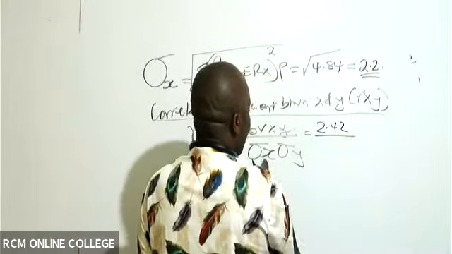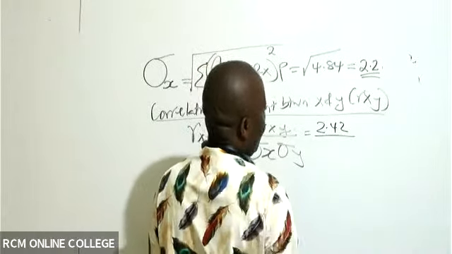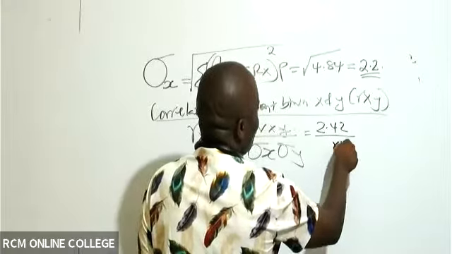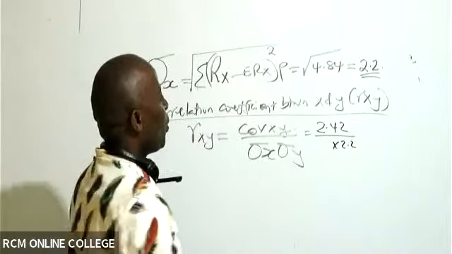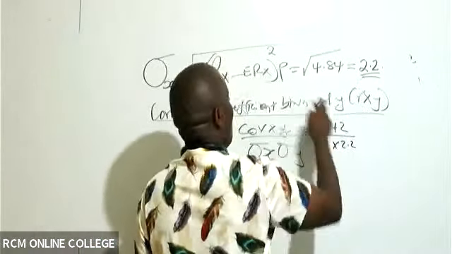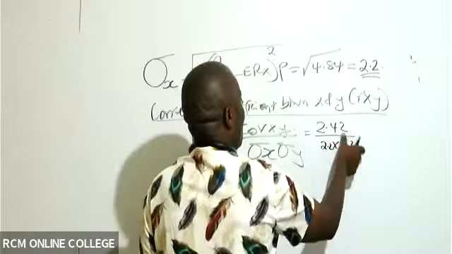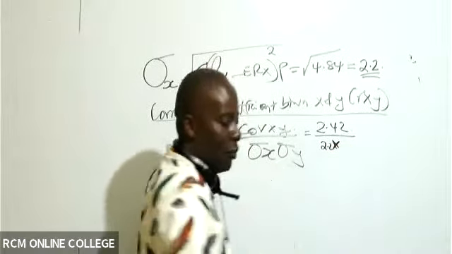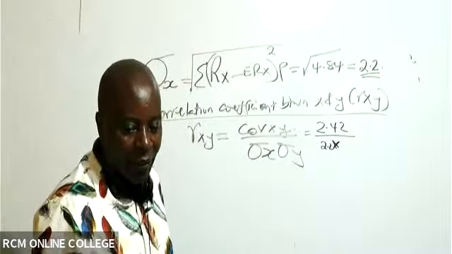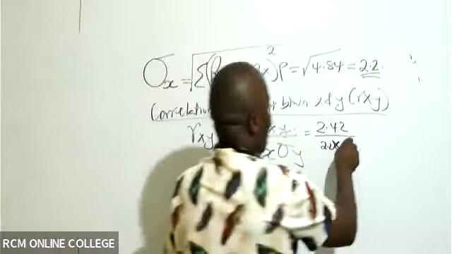Divided by the standard deviation of x. I know standard deviation of y is 2.2. No, this is x. 2.2 is x. How about the standard deviation of y? It's 1.2.